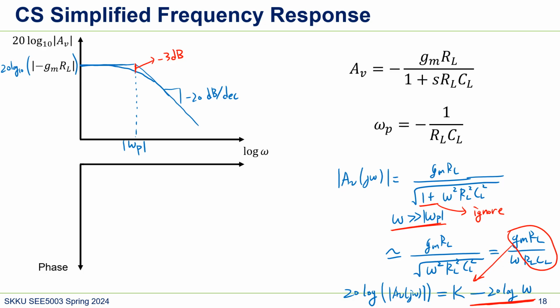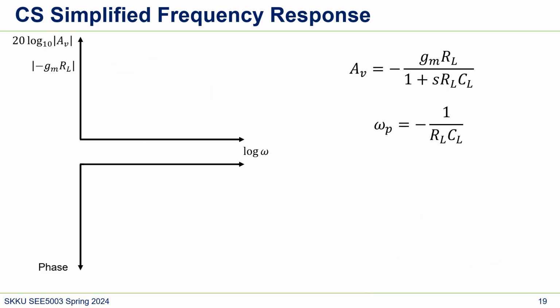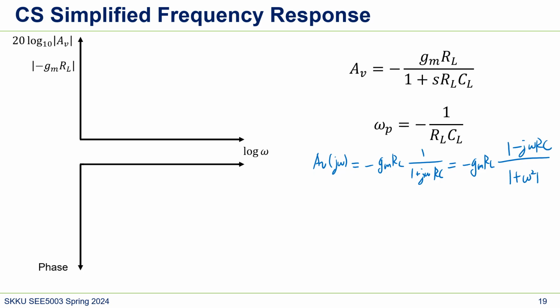Okay, so we're done with our amplitude, the gain. And then what about phase? Next is phase. To begin with, if we put j omega, it will be minus GM RL times 1 over 1 plus j omega RC. And this will be minus GM RL times 1 minus j omega RC over 1 plus omega squared R squared C squared.